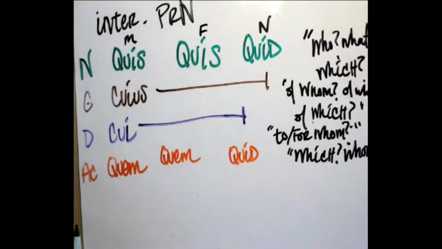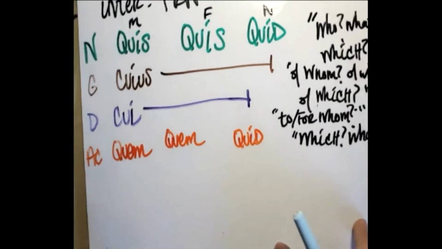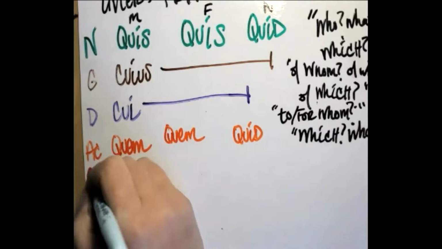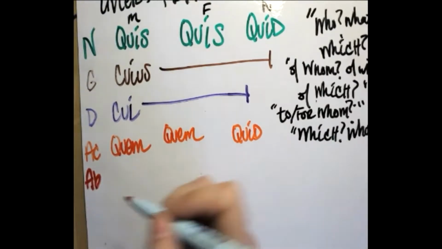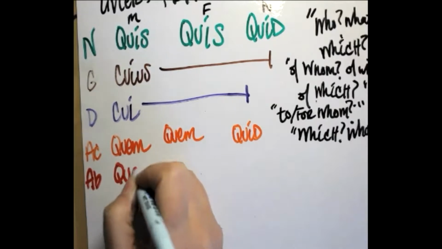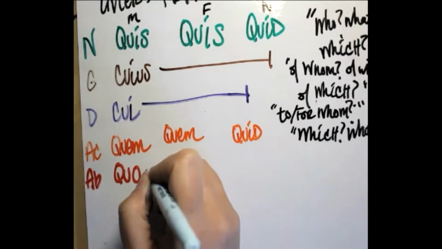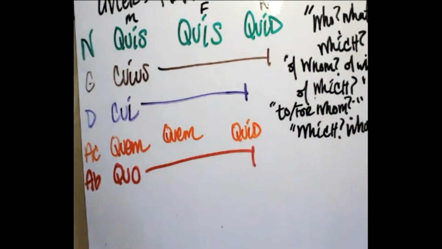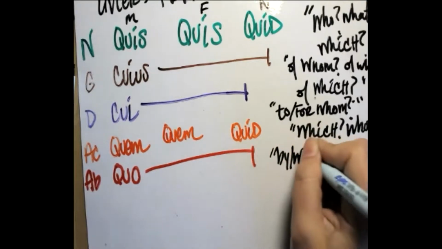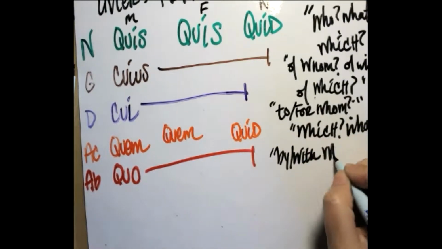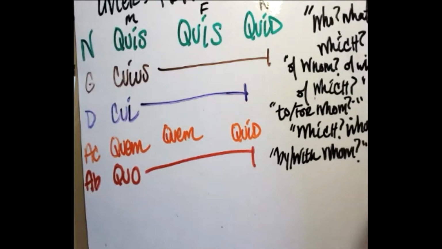And then in your ablative, both masculine and feminine will be quo, not quo, qua, quo. Just all three are quo. So by, with, whom.